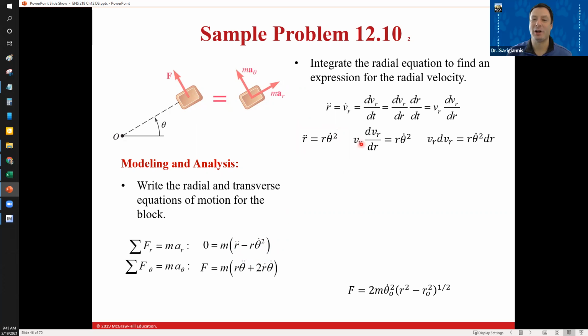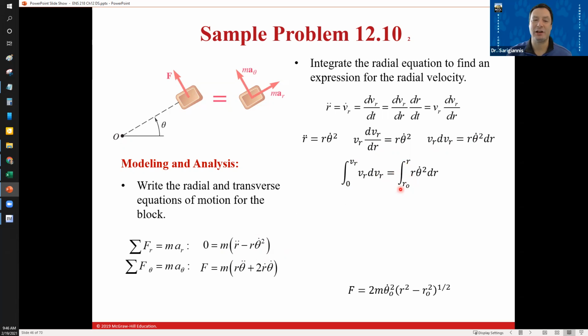Now we're going to plug in that identity we just came up with up here. This is from the acceleration, and this is from the sum of the forces equals the kinetic equation. So now we've got an expression we can integrate: v_r dv_r equals r theta dot squared dr. You do the integration from 0 to v_r and from r naught to r.